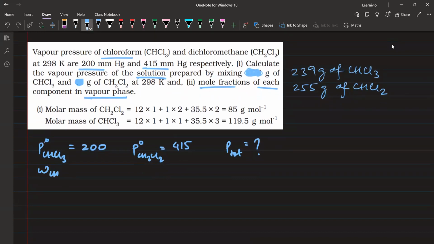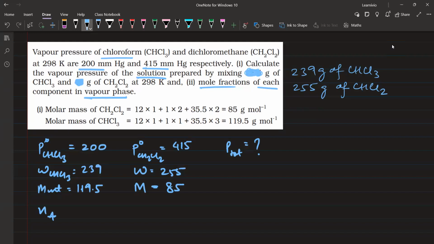The mass of CHCl3 is equal to 239. The molar weight of CHCl3 is 119.5. For this, the mass is equal to 255. The molar weight is equal to 85. So you will calculate the number of moles from here. Number of moles of A, let us take this as A. Number of moles of B, let us take this as B. Please calculate.